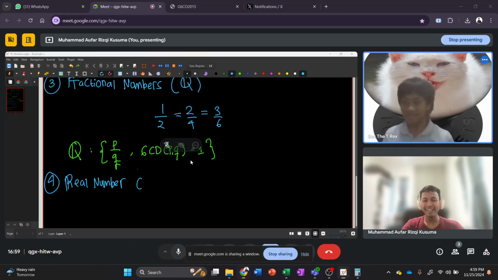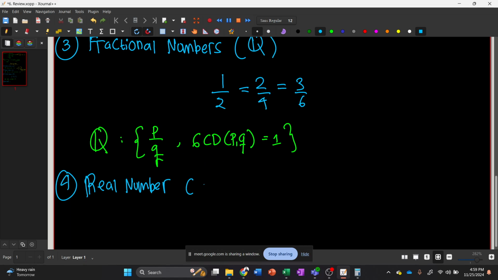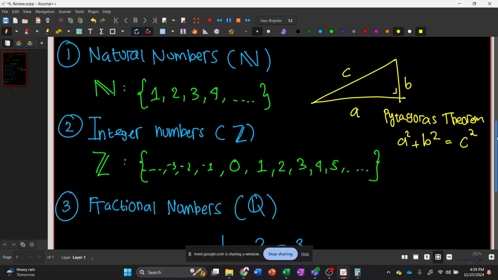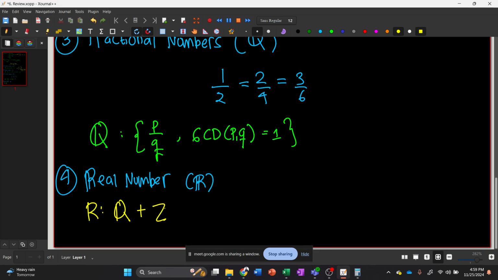The real number, denoted R, is by definition the fractional numbers plus integers plus natural numbers, and also irrational numbers.